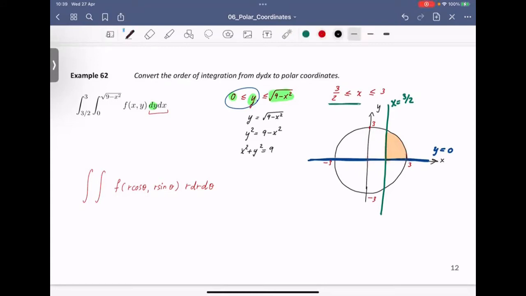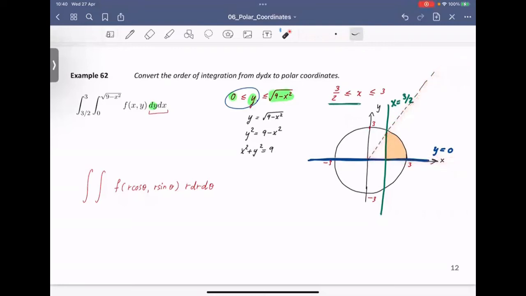I'm going to use the black dashed line here as your stop. So you're good to go, because you're going to start from the green one to the circle all the time. Your theta is going to start from theta equal to 0 to this theta, which you don't know yet. You need to find it.